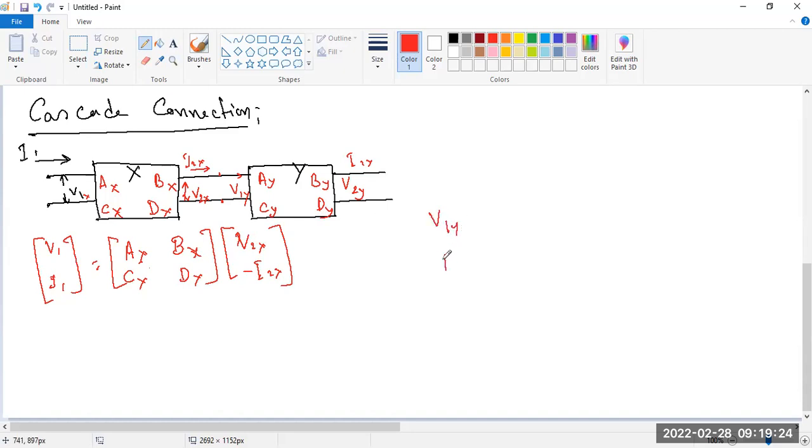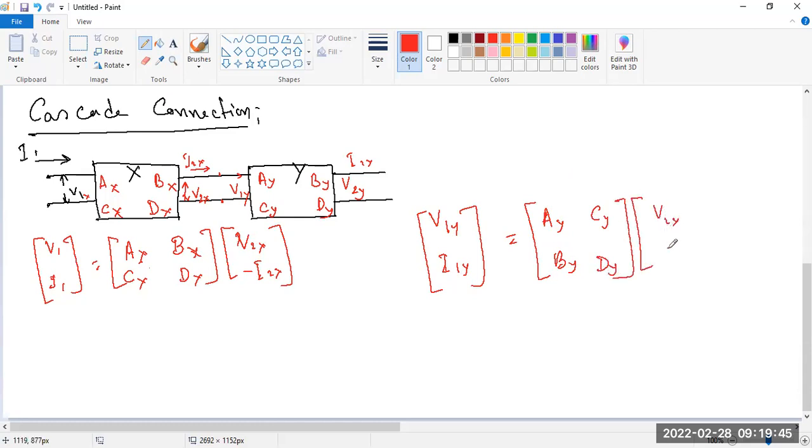And for the Y network, it would be V1Y, I1Y equal to the matrix AY, BY, CY, DY times V2Y, I2Y.